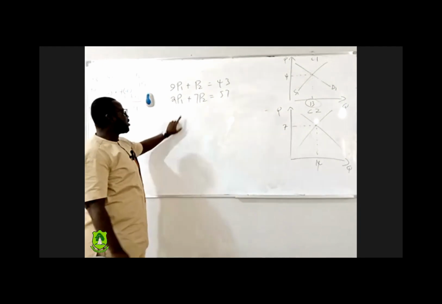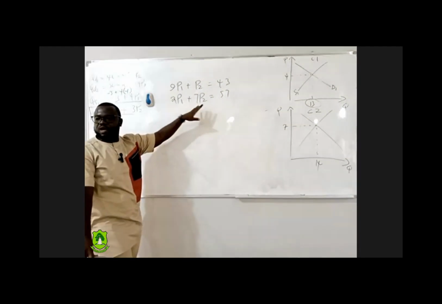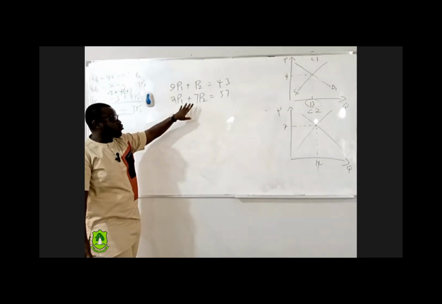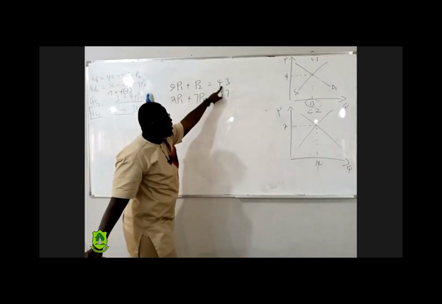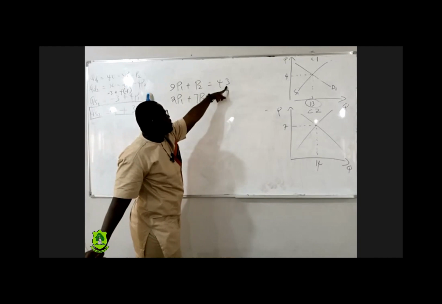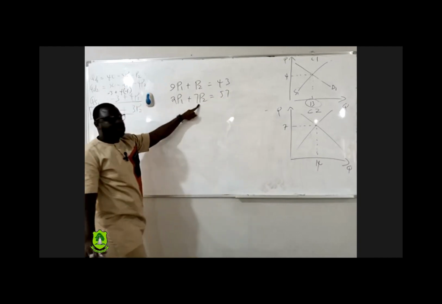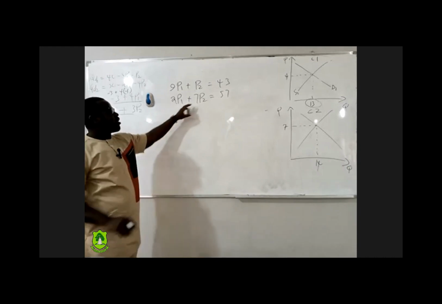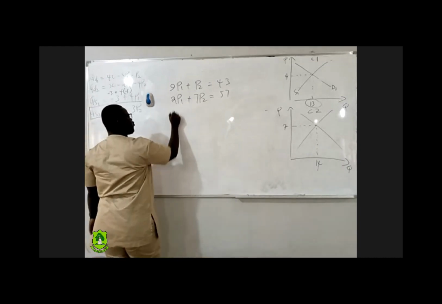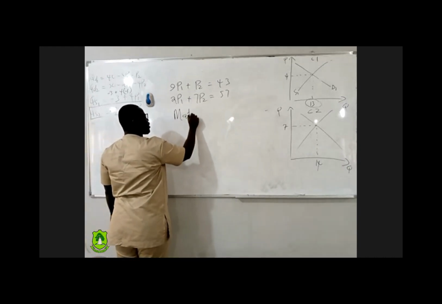And the simultaneous equation is what? The elimination method that we use. We can also use the substitution method to do that. Here we just make P the subject by bringing this one across and then putting it here. But we are not using that one. That is the substitution approach. Now with this one, the second approach you can use is the matrix approach.